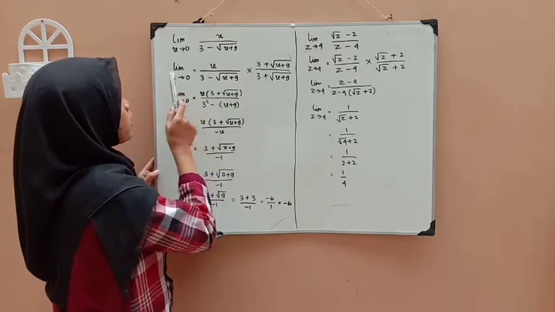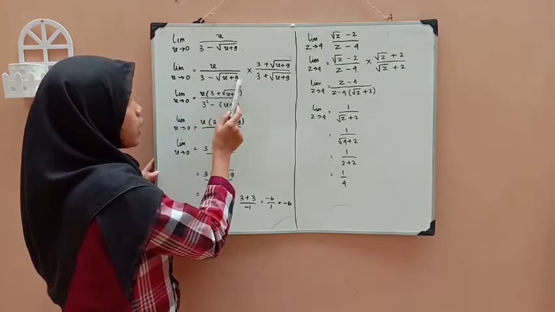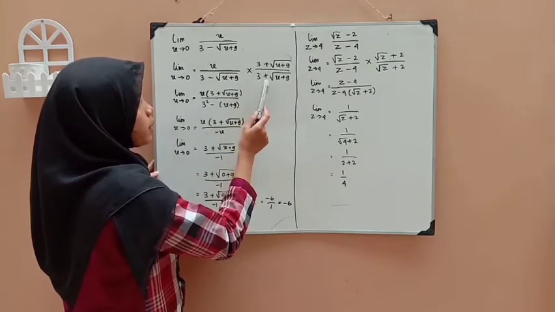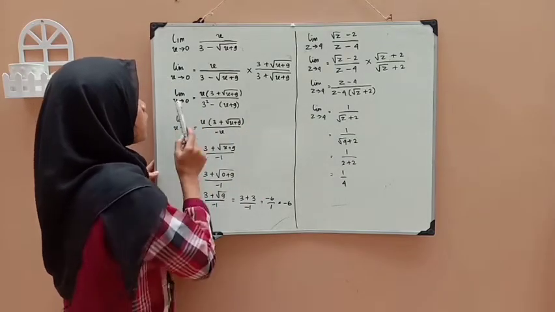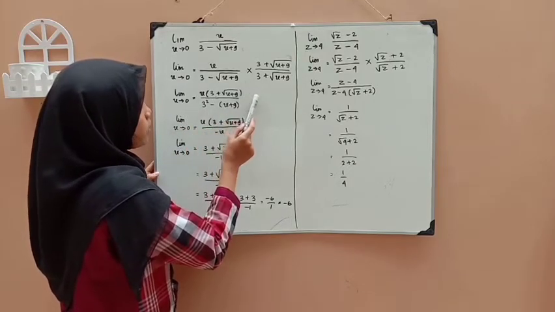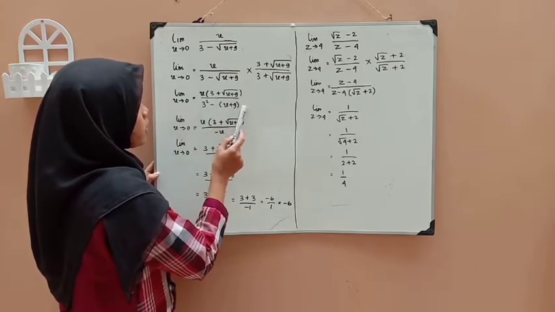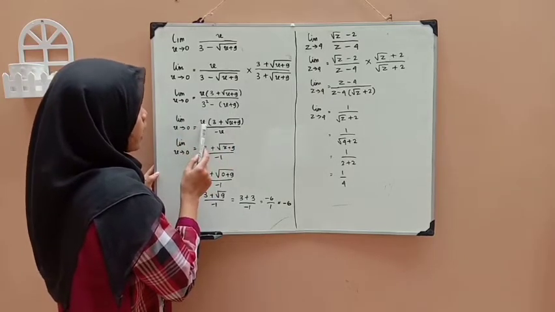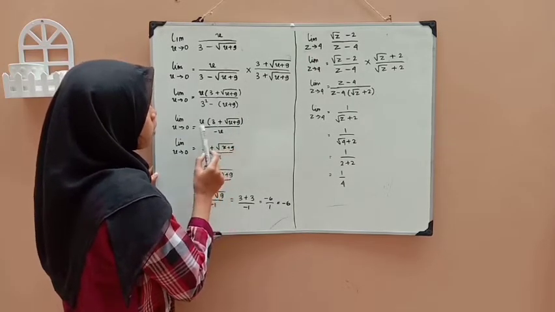The solution is the limit of x over 3 minus root of x plus 9, times 3 plus root of x plus 9 over 3 plus root of x plus 9, as x approaches 0, equals the limit of x times (3 plus root of x plus 9) over 3 squared minus (x plus 9), as x approaches 0.